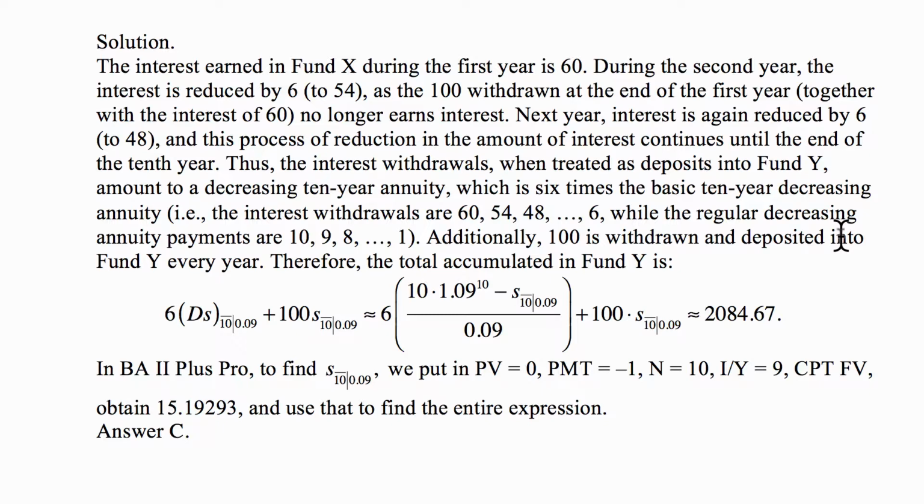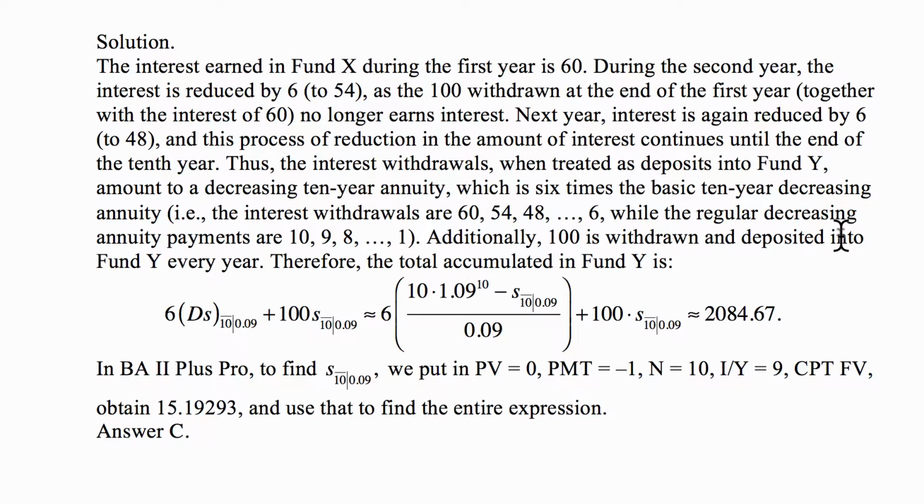During the second year, the interest is reduced by 6 to 54 because 100 was withdrawn at the end of the first year when that interest earned in the first year of 60 was also withdrawn. And that 100 no longer earns interest. Next year, interest is again reduced by 6 to 48, and this process of reduction in the amount of interest continues until the end of the 10th year.